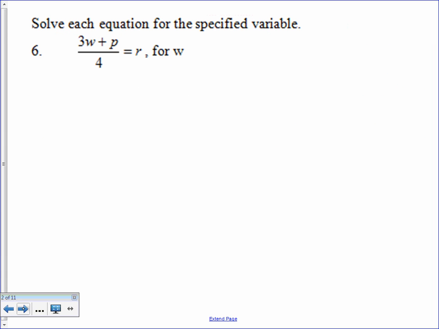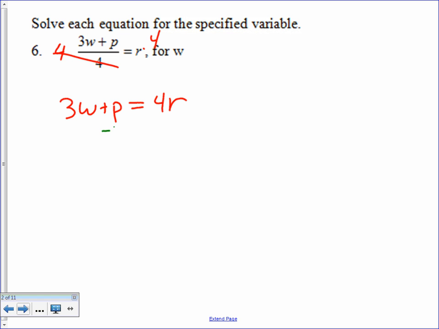Number 6, solve this problem for W. So I'm going to try and get W alone. So first thing I need to do is get rid of this 4 on the bottom. So I'm going to multiply both sides by 4. 4's cancel here, and I'll get 3W plus P equals 4R.